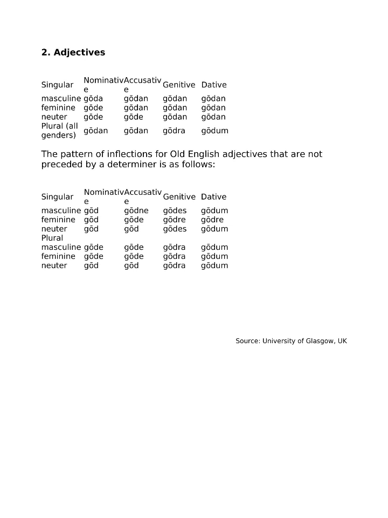We can look at the examples here that are singular, masculine, feminine, neuter, and plural, all genders. So we have nominative, accusative, genitive, and dative. The pattern of inflections for Old English adjectives that are not preceded by a determiner is as follows.